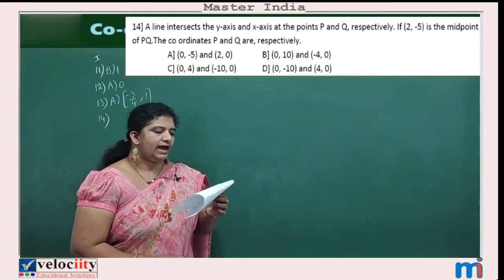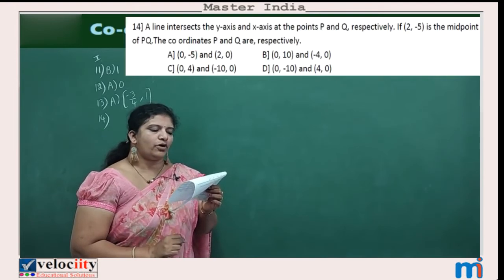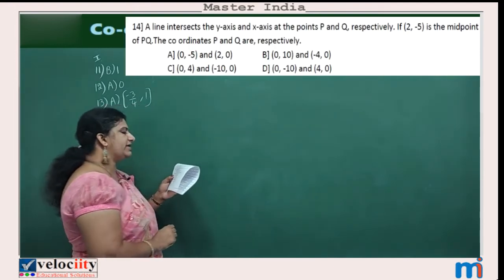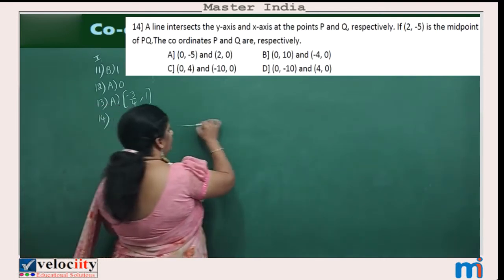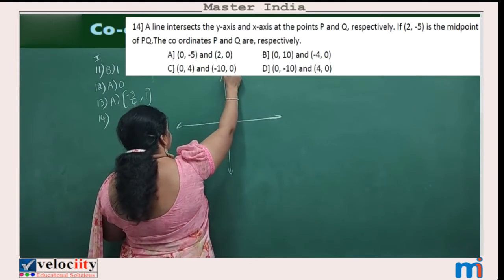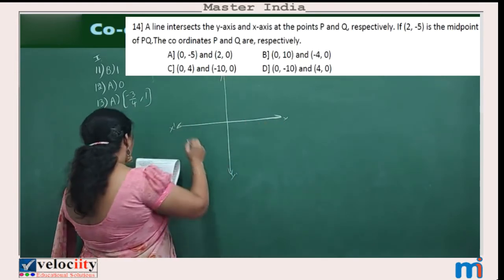14th one. A line intersects the y-axis and x-axis at the points P and Q respectively. If 2 comma minus 5 is the midpoint of PQ. Okay, let me draw again. X-axis, y-axis. Y dash, x dash.